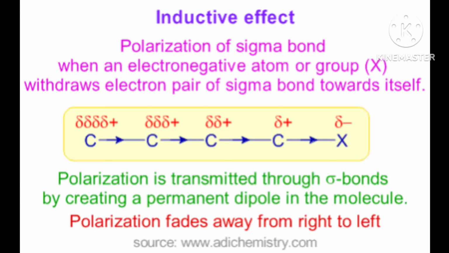This is also an example of a nucleophile. All negatively charged ions, or atoms having a lone pair of electrons, are nucleophiles, which can donate electrons.